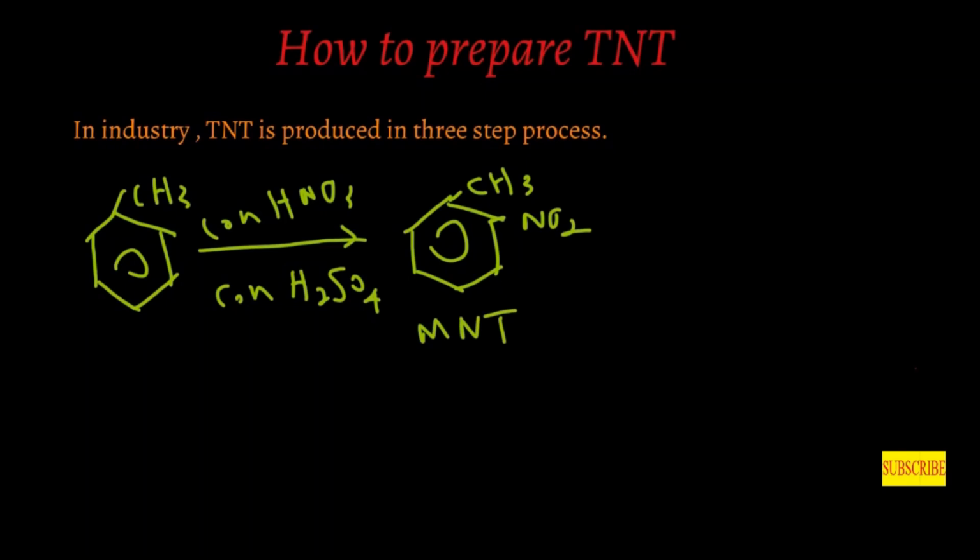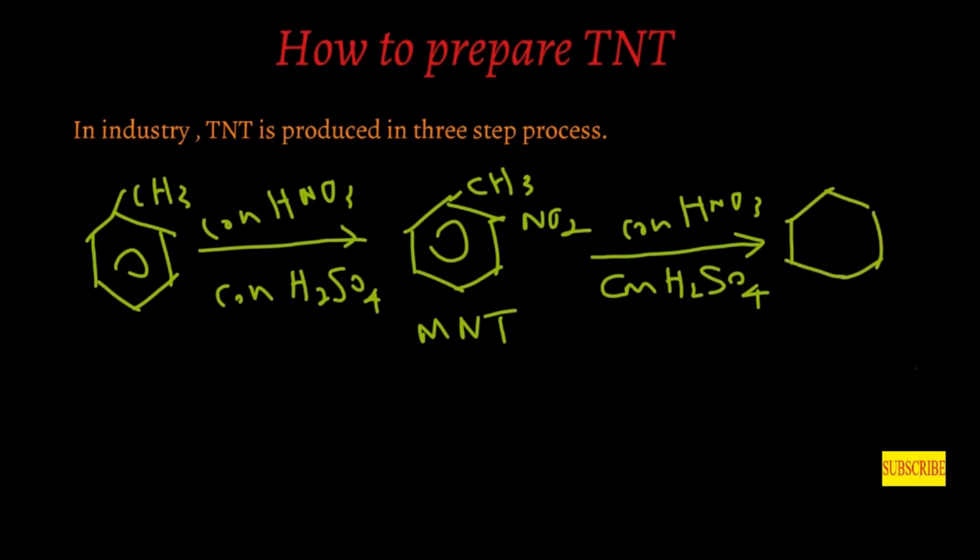After making MNT, we need to react the MNT product with the same concentrated HNO3 and concentrated H2SO4 to make DNT. This is the structure of DNT. You know the structure of DNT already.